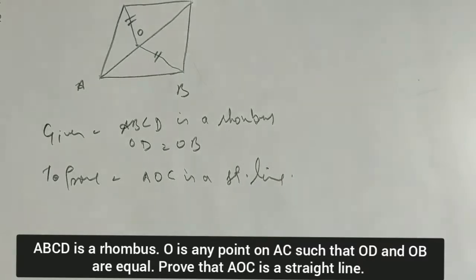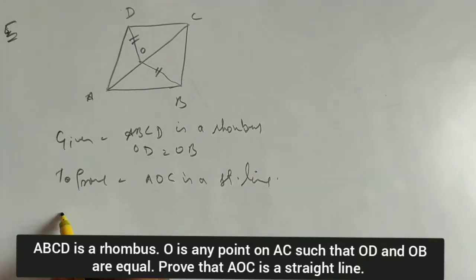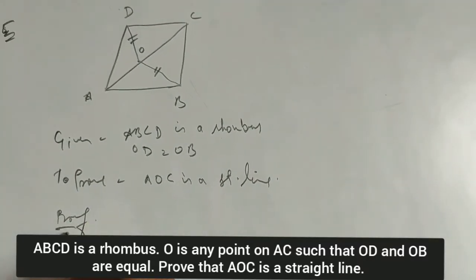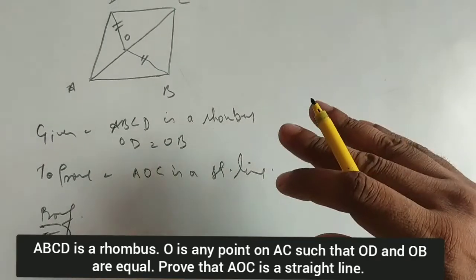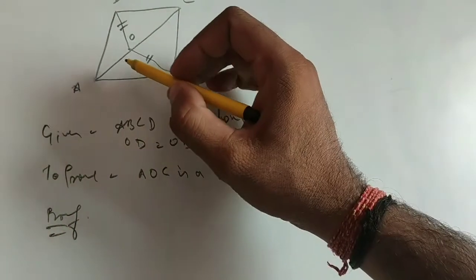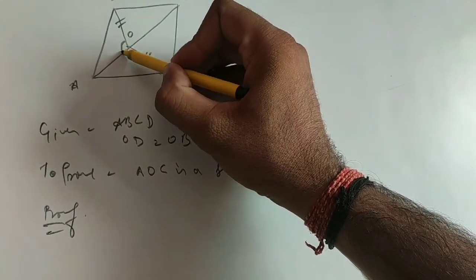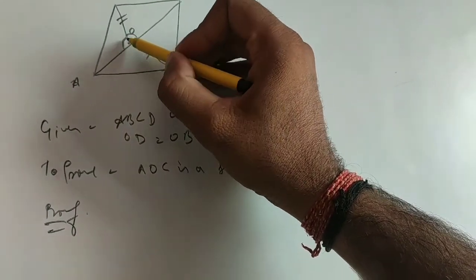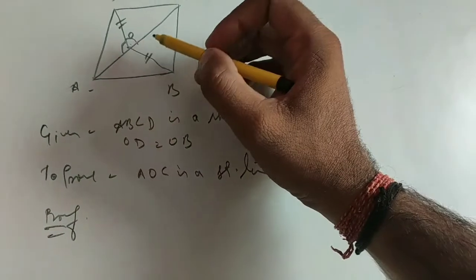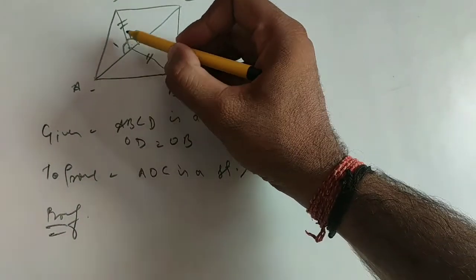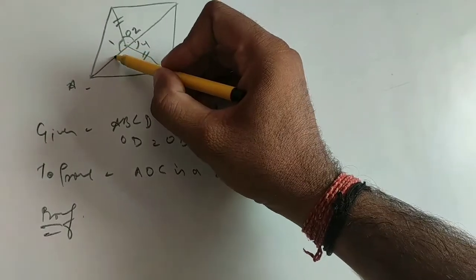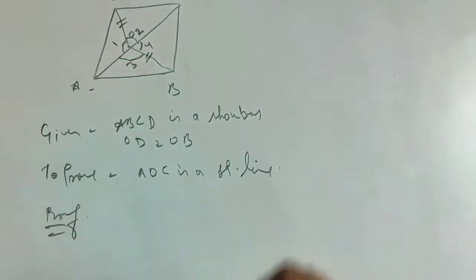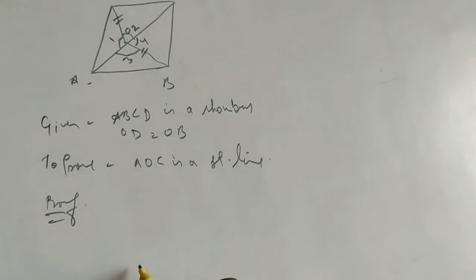So, proof of this. To prove anything is a straight line, we will prove that the sum of the angles on this is 180. If these two angles sum to 180, then it will be a straight line. So suppose this is angle 1, this is angle 2, this is angle 3, and this is angle 4.